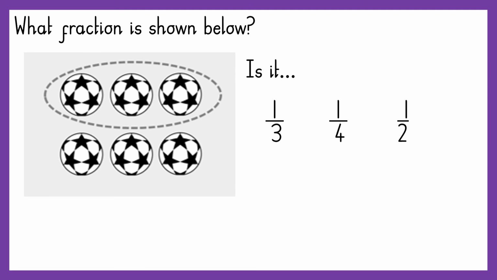Half of all the balls have been circled, so the fraction of balls circled here is half. If we look at the denominator in half, it's 2. And we can see here that the balls have been shared into 2 equal groups. Half means sharing by 2.